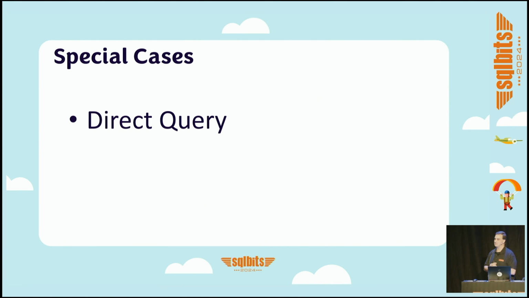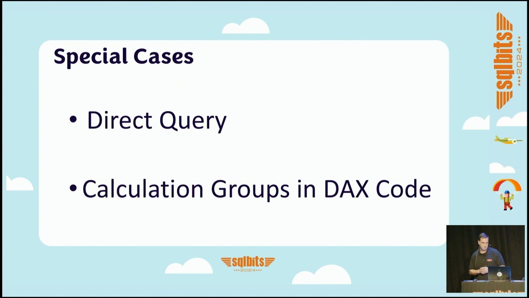A little more of an advanced topic is, okay, I'm using direct query. How does calculation groups work for direct query? And again, if you do have any questions, if there's things I haven't talked about, or, well, I have that special case, at the end, feel free to reach out to me. And then again, that calculation groups in the DAX code.